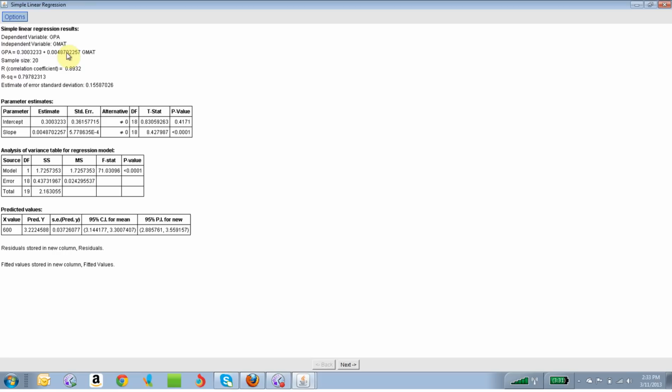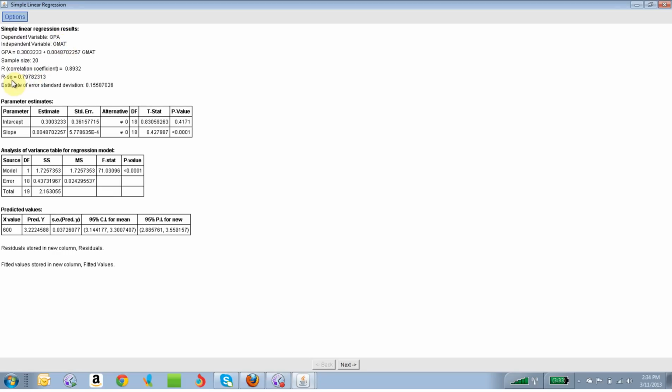You need to carry as many decimal places as you can, and StatCrunch provides that. It tells you the sample size is 20, and the correlation coefficient is 0.8932. This measures how strong the relationship is between the two variables, in this case GPA and GMAT.